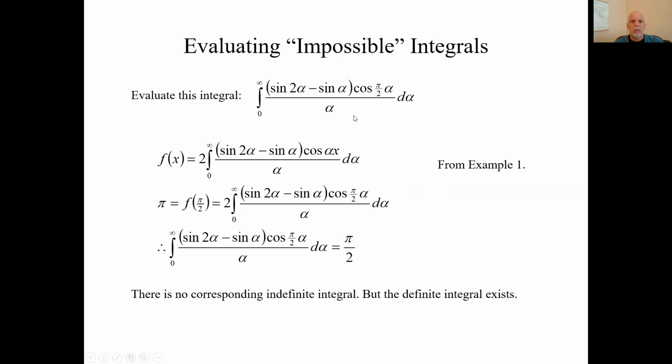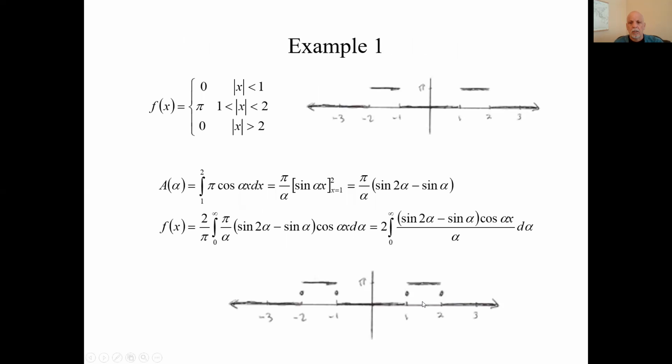Well, if you compare this to that, just substitute in pi over 2 for x. We'll have what this integral is here on the right, 2 times it. Plug in pi over 2 for the argument of the function. And at pi over 2, let's look at that. Pi over 2 is somewhere in here. Whatever half of pi is, it's somewhere around 1.5.